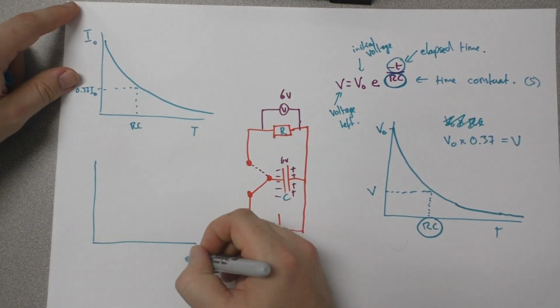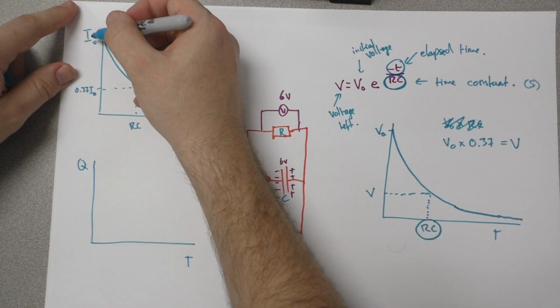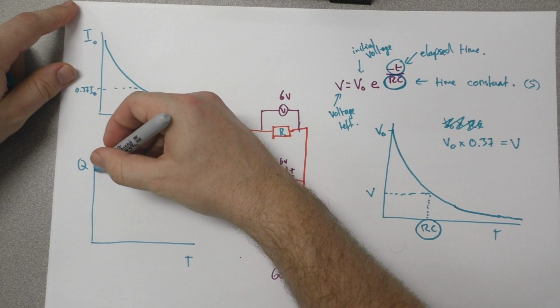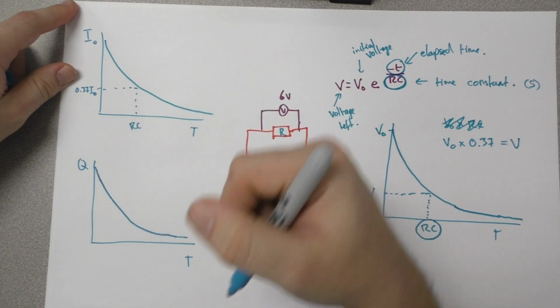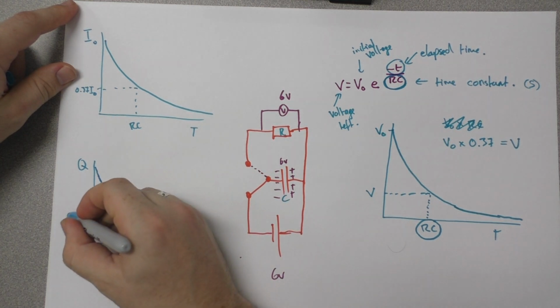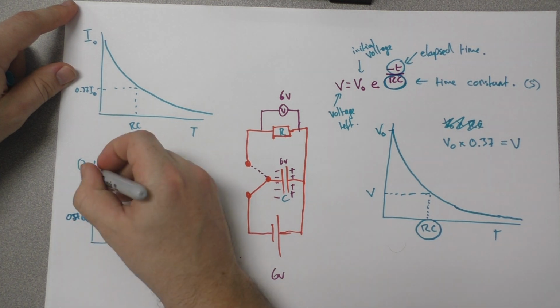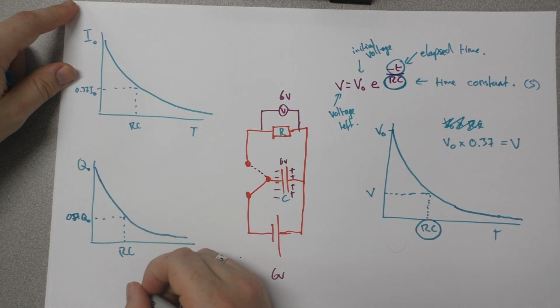What else is it the same for? Charge. Charge is directly proportional to the current, so that shouldn't surprise you too much. The charge would be exactly the same. 0.37 of the original charge, across, down, RC.